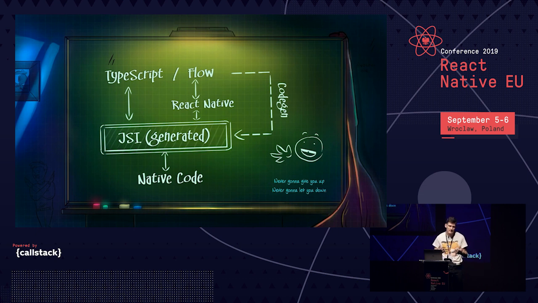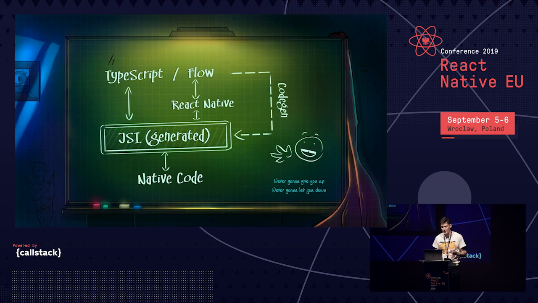You're going to run your application, generate these things, and at build time we can know for sure if it's going to fail or not, whether it finds this contract between the JavaScript side and the native side, or not.